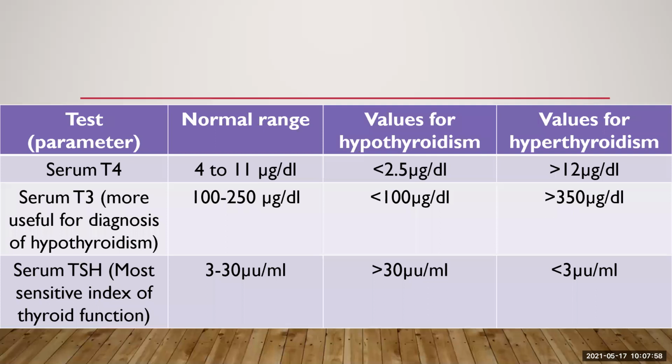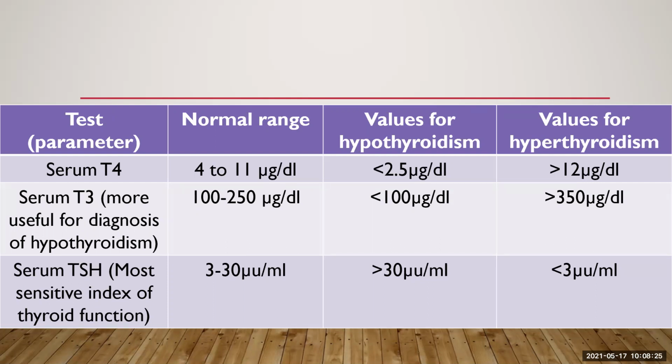If you compare T3 and T4, you can see there is a change in the concentration. T3 will normally be on the higher side than T4. Because of this reason, T3 plays a more important role in diagnosing decreased function of thyroid glands because it has a very broad range, 100 to 250, compared to T4, which is quite narrow, 4 to 11.